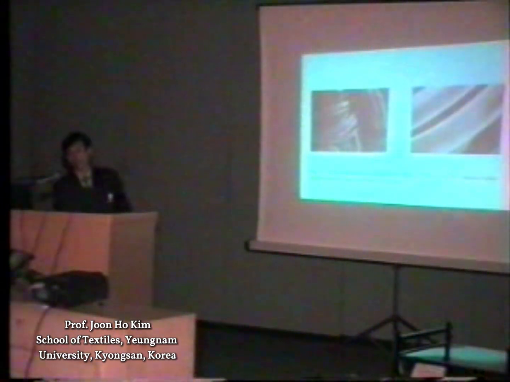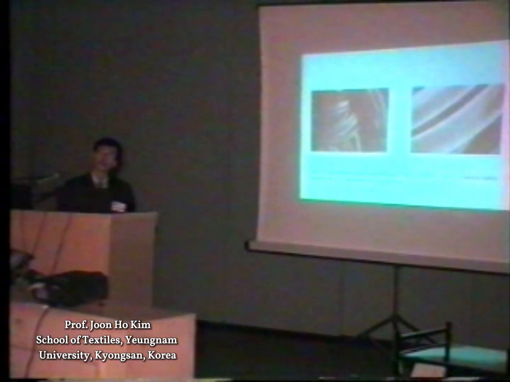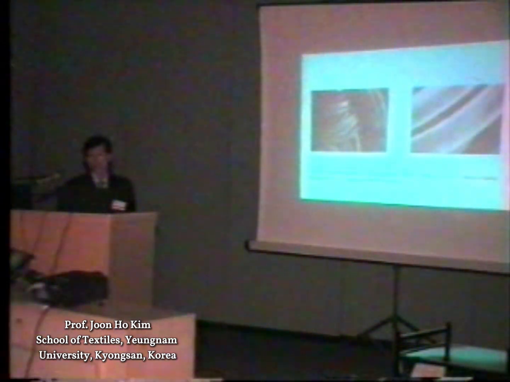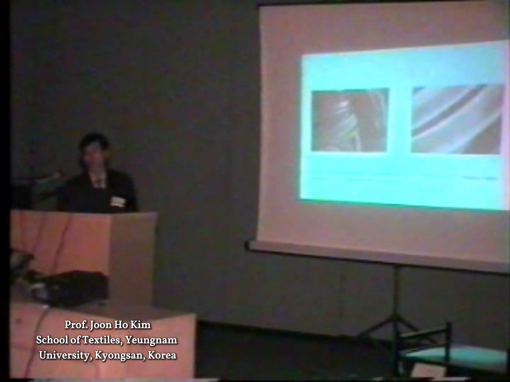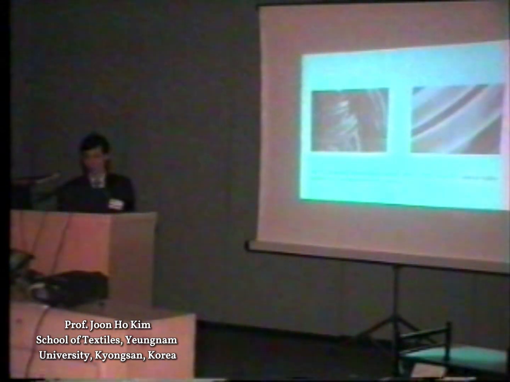This figure shows the micrographs of fabric hydrolyzed at 90 degrees in aqueous sodium hydroxide solution. In these micrographs, we can see small microcraters on the surface of the fibers.